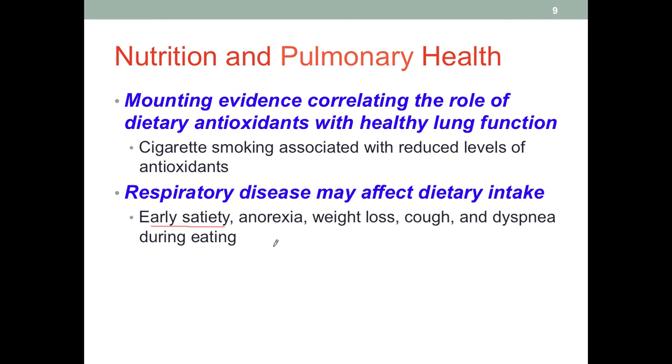And because they are fighting for air due to respiratory disease, we'll see the cough and dyspnea, which is difficulty breathing, and all of this can affect their eating and their dietary intake. So just imagine if someone's having breathing difficulties, they're probably not going to prioritize oral intake, and so this is something that we want to keep in mind as we discuss nutrition in relation to respiratory disease.